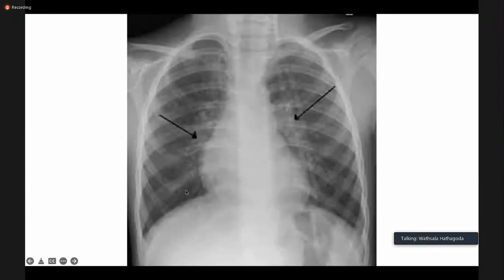This is not very clear, but sometimes you can see areas that are more aerated than the other areas. So there can be areas of hyperinflation and atelectasis. Some of the alveoli are collapsed, but some are overinflated. You can also see a flattened diaphragm.